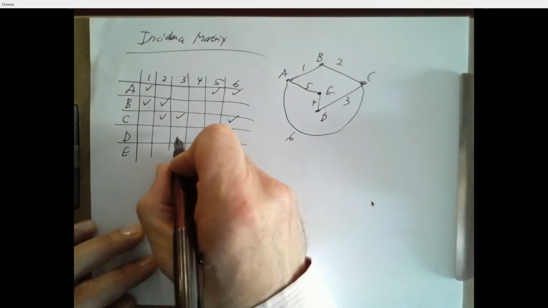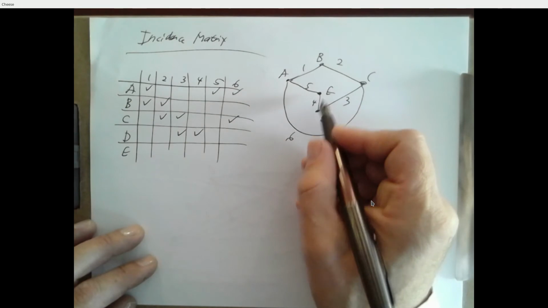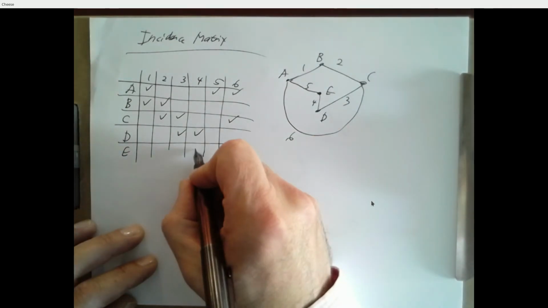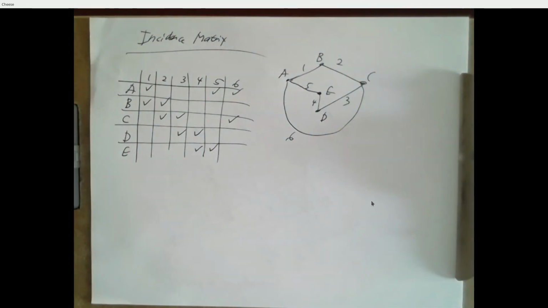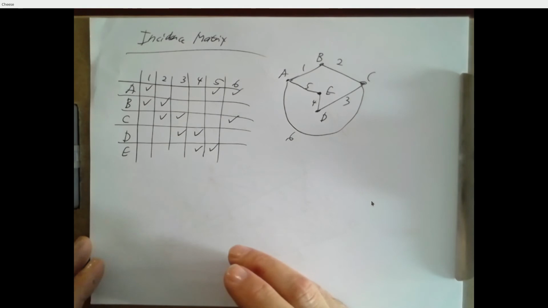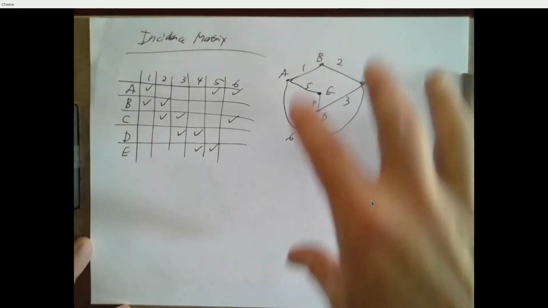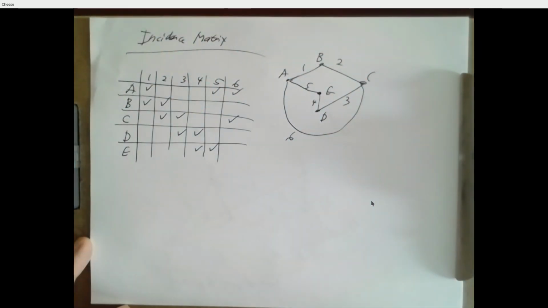Vertex D looks like 3 and 4, and vertex E looks like 4 and 5. And so you could do 1s and 0s, or trues and falses, or check marks and nothing, or whatever. But it's storing the same information as an adjacency matrix or an adjacency list, right? We can reproduce the graph based on this.